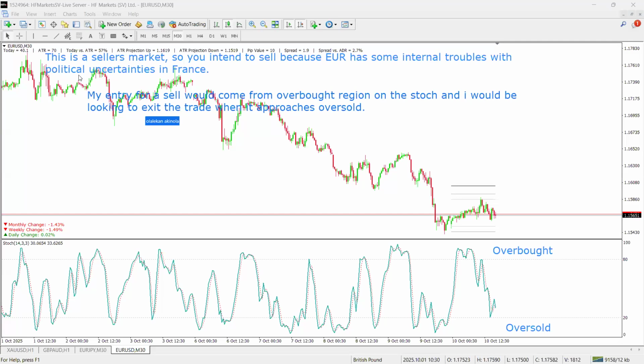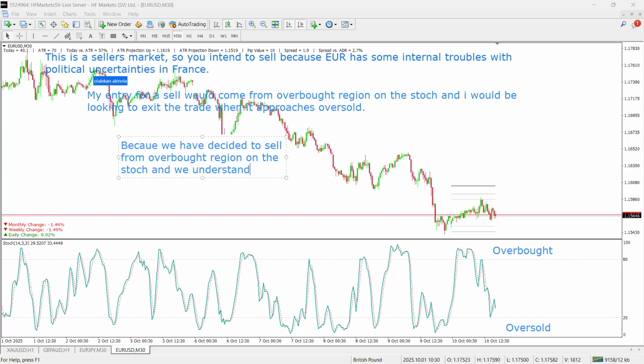Number three, because we have decided to sell from the overbought region on the stock, and we understand, I mentioned this earlier, that overbought does not necessarily mean sell.